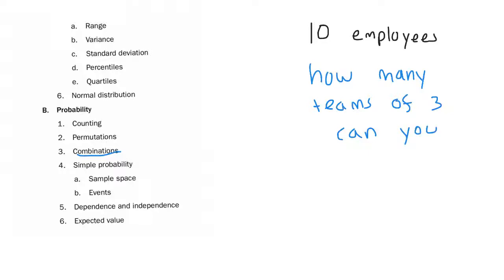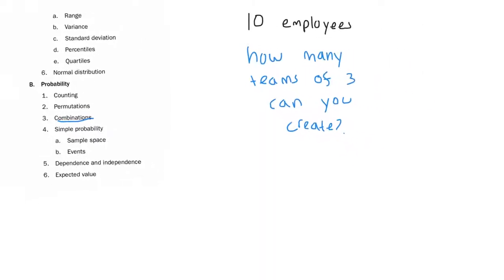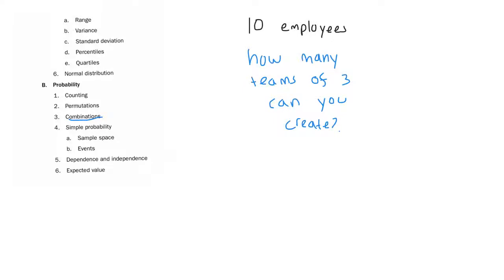And imagine that the names of the employees, strangely enough, were A, B, C, and D, dot, dot, dot. And we have 10 of these.